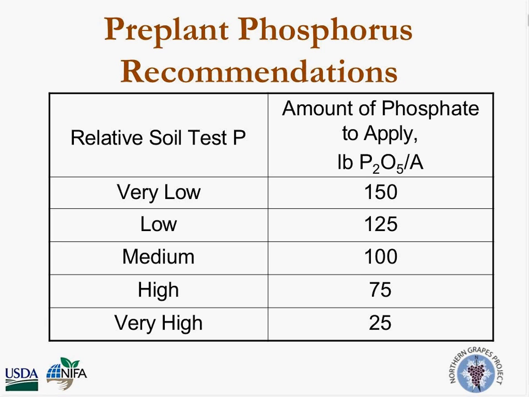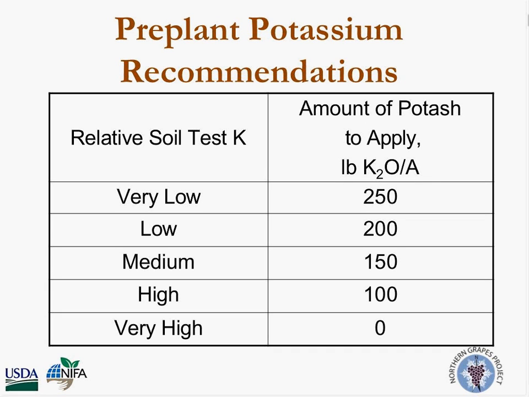Then in terms of potassium, a similar chart. Again, these would be the recommendations. Obviously, as your soil test is low, you have a higher amount to apply than if you're in a very high soil test range. Again, these recommendations would come with your soil test report.